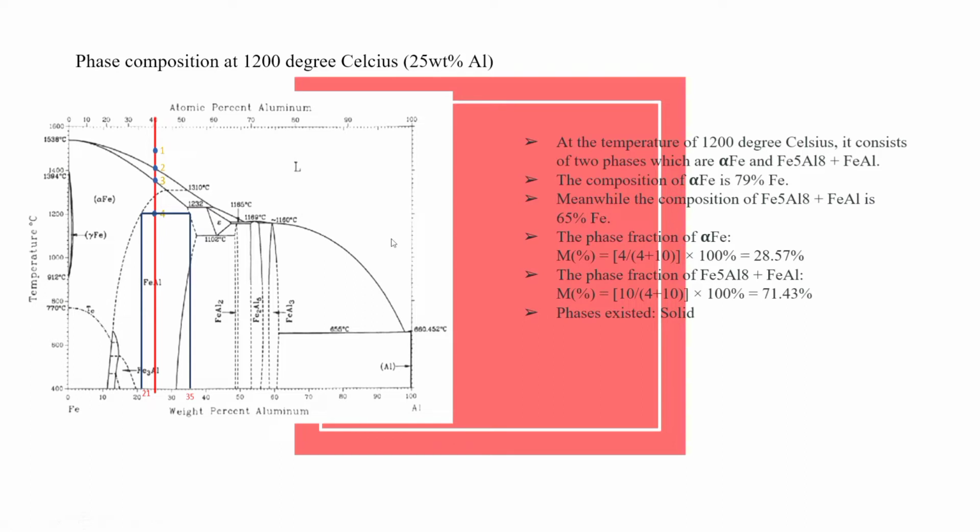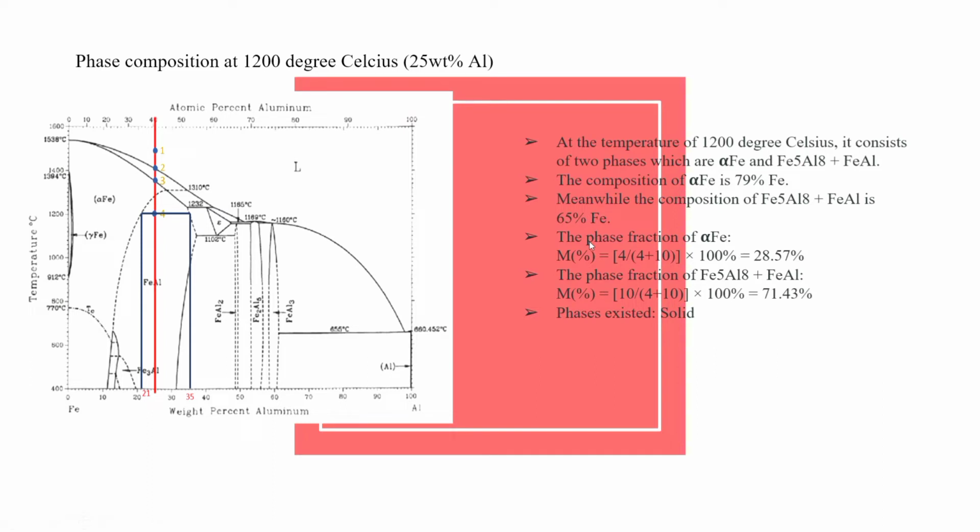To determine the composition here, we will make a tie line, a horizontal line at point 4 at 1200 degrees Celsius, and we will determine based on the weight percentage. The composition of alpha ferrum is 79% ferrum or 21% aluminium by weight. And the composition of Fe5Al8 plus FeAl is 65% ferrum or 35% aluminium.